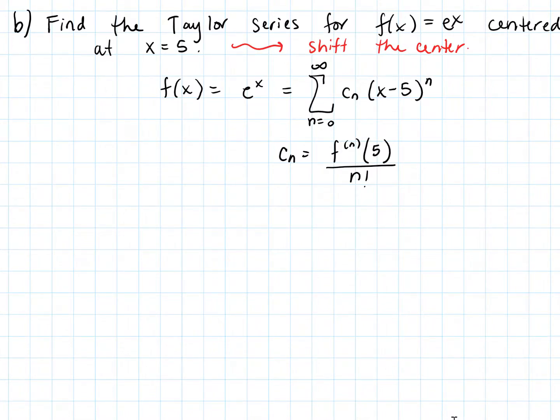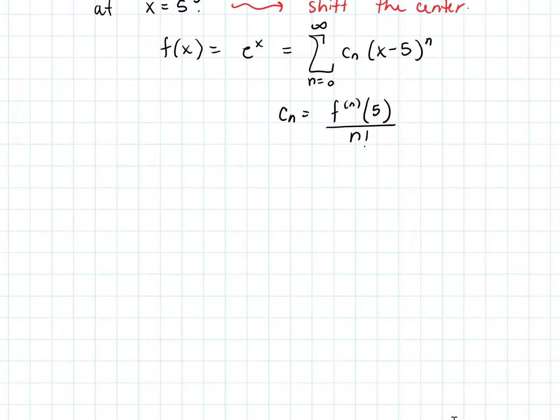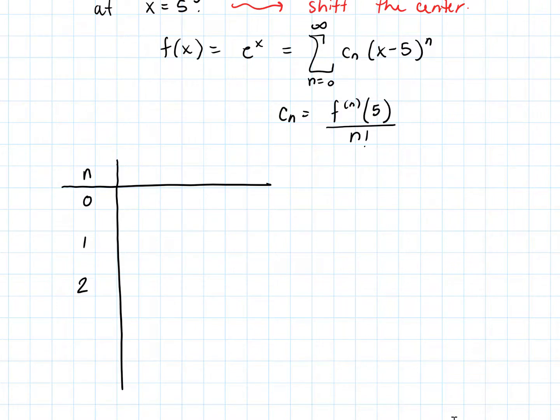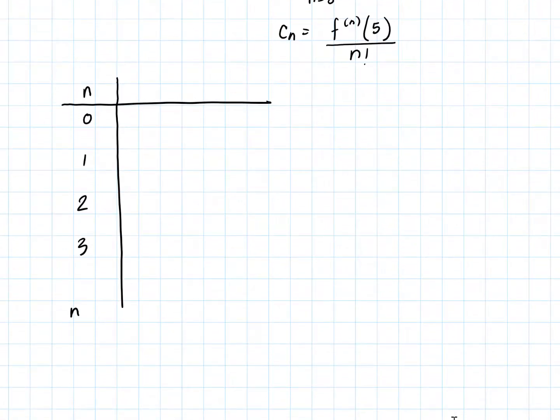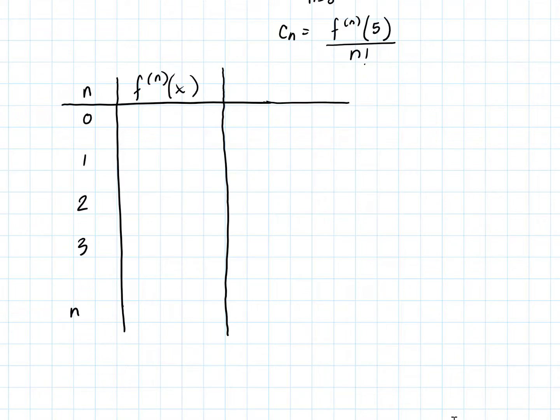Now, I'm going to do a quick little table, but we've already talked about the fact that the derivative of e to the x just remains the same. So the pattern in that derivative is that it remains the same. As we expand that out, 0, 1, 2, 3, out to the nth derivative, we look at what the nth derivative at x is, and then the corresponding coefficient, which is the nth derivative evaluated at 5 over n factorial.